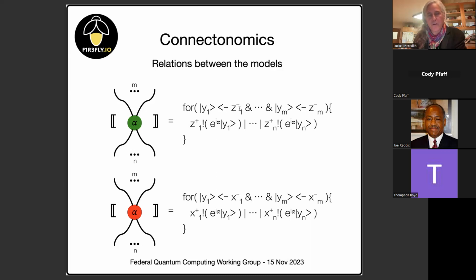And so essentially what we're doing is, to represent this thing, we're saying, well, we're going to listen on the z minus 1 through z minus m, so that's m of those, for some vector, and then what we're going to put out on the z output channels 1 through n are e to the i alpha. There's the phase right there, multiplied by what we got.